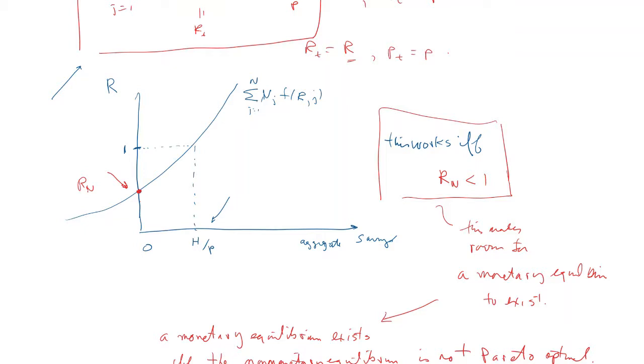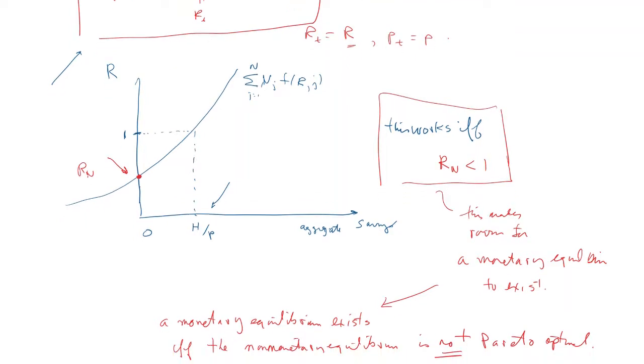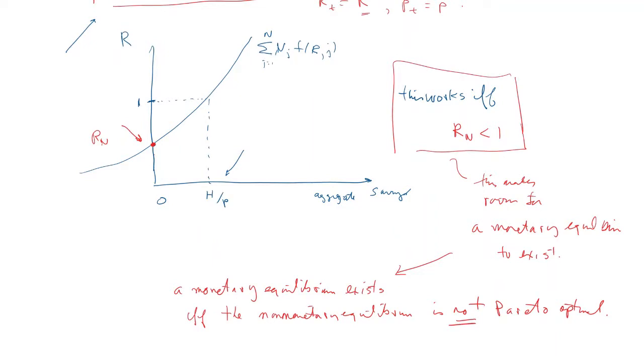Well, that same condition arrives here, and this is indicating that when a monetary equilibrium exists, this valued fiat money is actually doing something socially good. It's improving things in this Pareto sense.